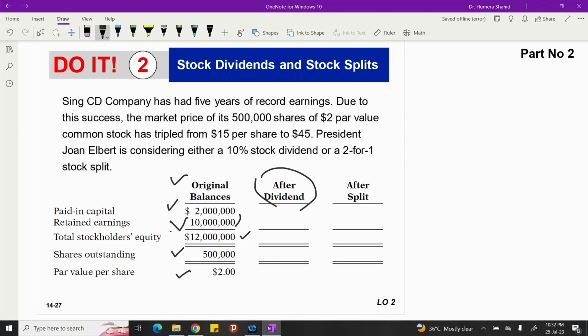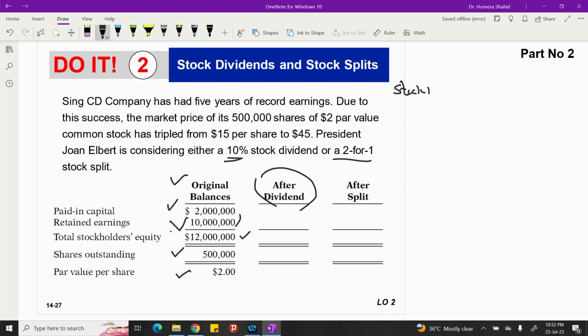After the dividend, the company is going to announce the 10% stock dividend or the split. If the company goes for a 10% stock dividend, then in that case what will happen? We need to identify, if you remember, if the percentage of stock dividend is less than 20 to 25%, it's a small stock dividend and we record it at its market value. So let's record it.